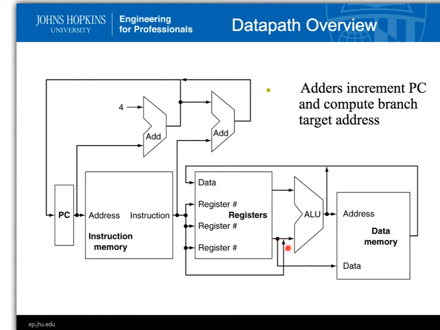At this point, we're going to decide which value we need, and we'll talk about how that gets done. Here, the result from the ALU comes out. Whatever the instruction says we need to do, it's going to come out here. If this is a load or store word, what's going to come out here is an address, and that'll go to the data memory.